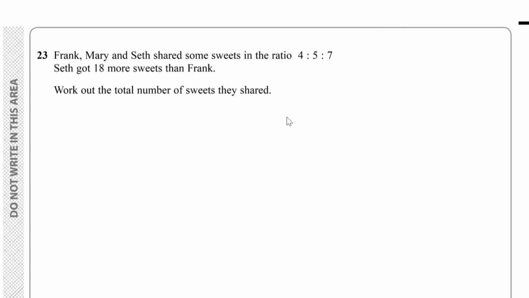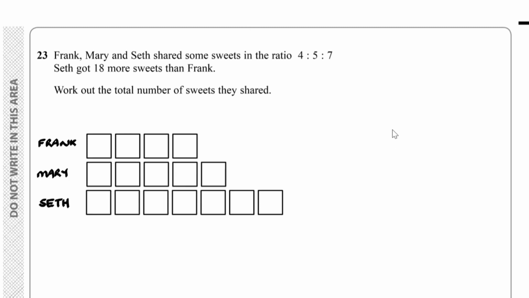Question number 23. Frank, Mary and Seth shared some sweets in the ratio of 4:5:7. Seth got 18 more sweets than Frank. We have to work out the total number of sweets they shared. Well, here is a bar model to represent this ratio. We've got 4:5:7. And we are told that Seth got 18 more sweets than Frank, which means that this difference between Frank and Seth is 18.